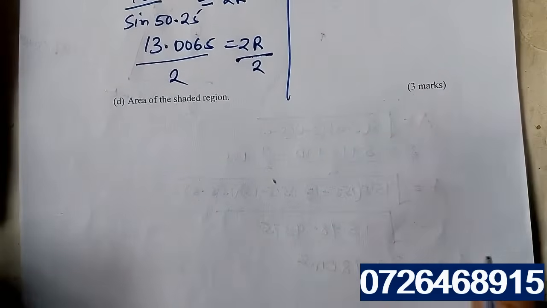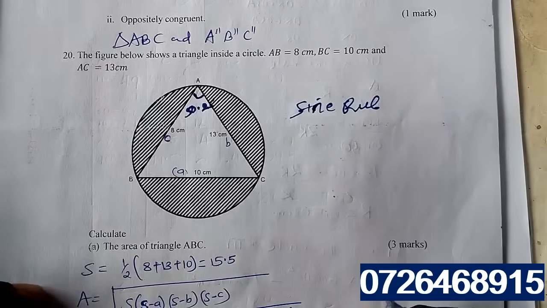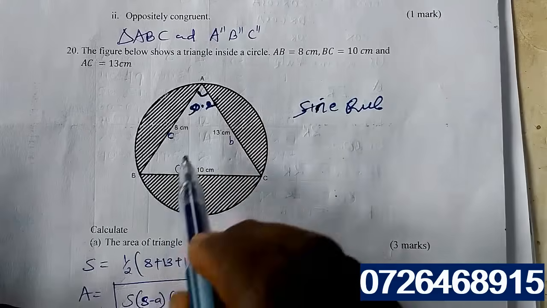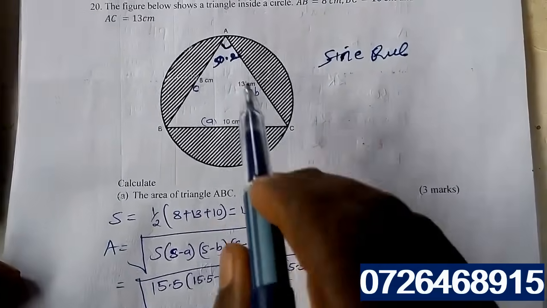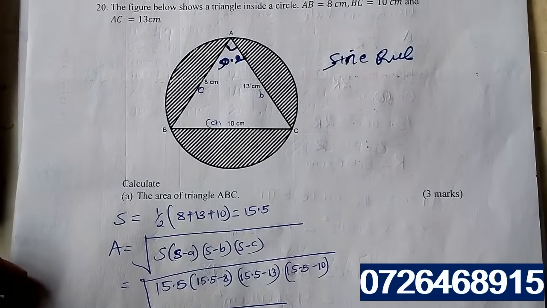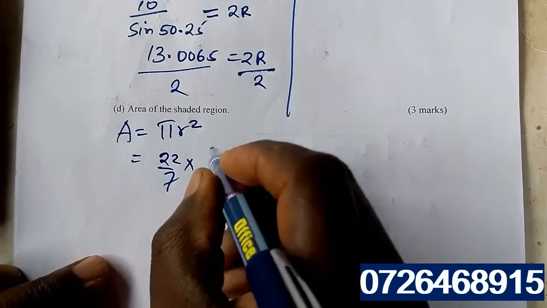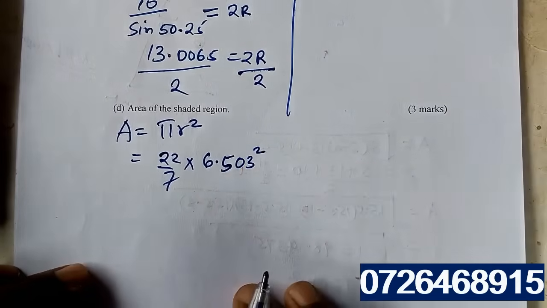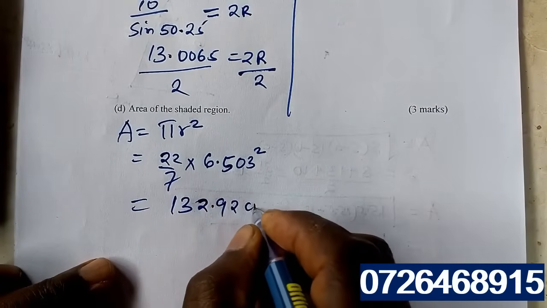Next, we want to calculate the area of the shaded region. The area of the shaded region is obtained by calculating the area of the whole circle and then subtracting the area of the triangle. The area of the triangle we have here. So what we need to do now is to calculate the area of the circle, because we already have the radius. Which is 22 over 7 times our radius 6.503 square. And this gives us 132.92 centimeters square. So this is the area of the circle.